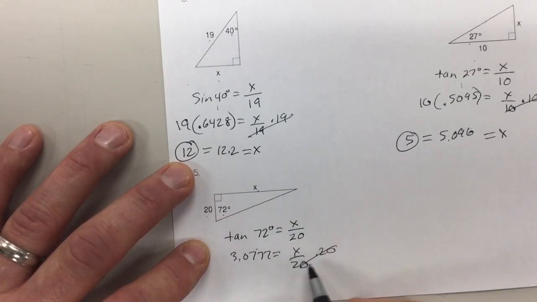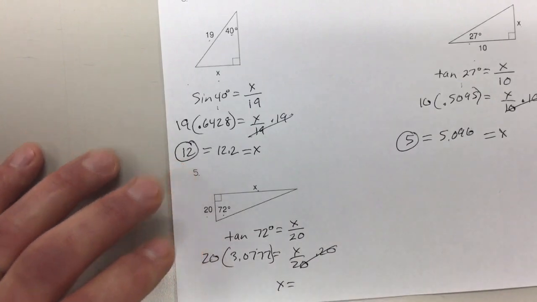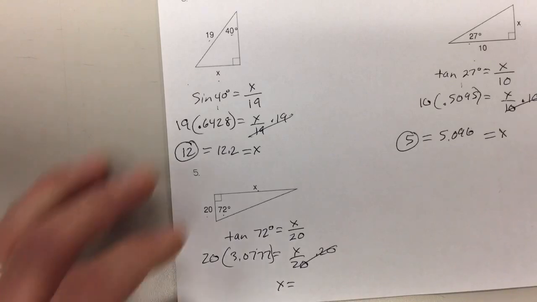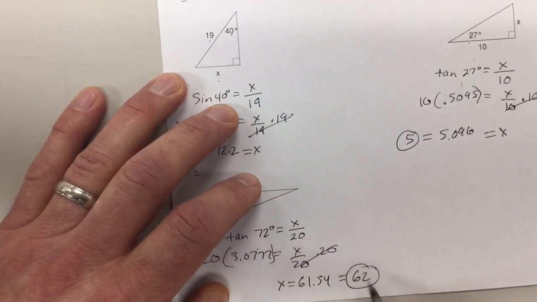Now I simply multiply both sides by 20. And that is 61.54. We'll round that to 62.